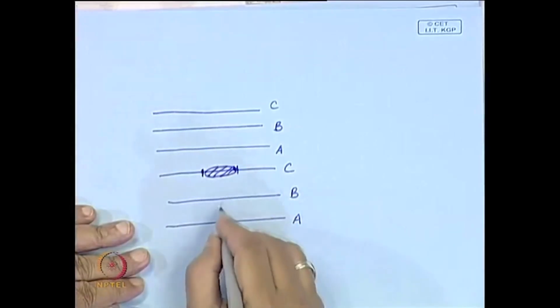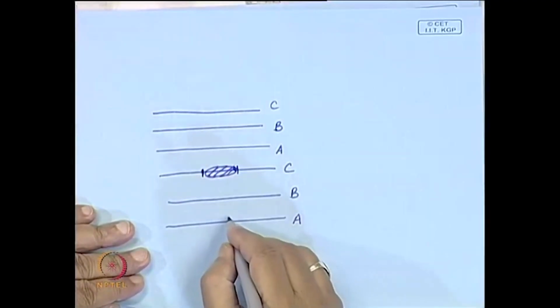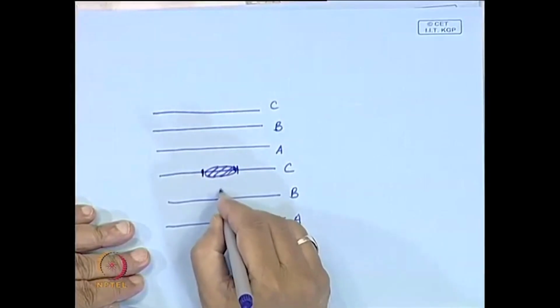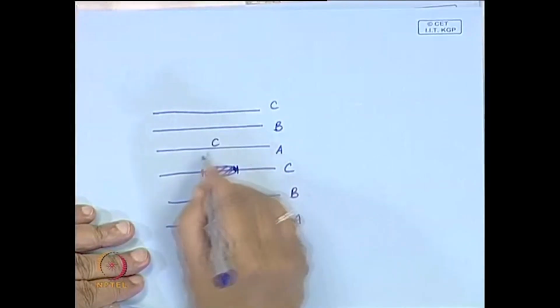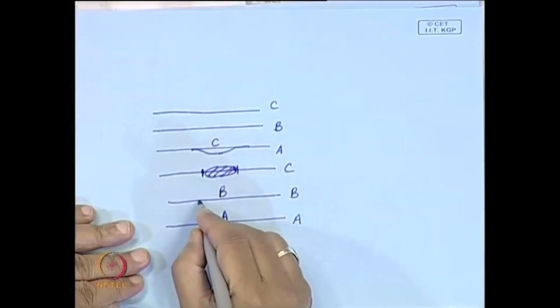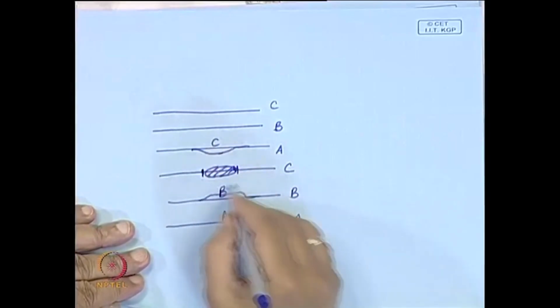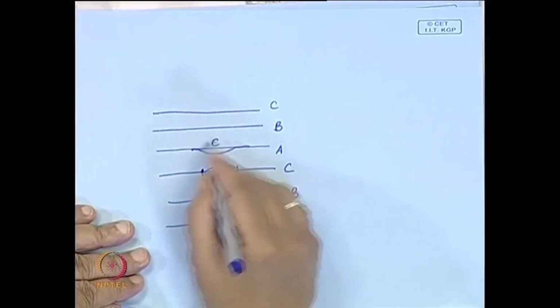So what you have here is a sequence A, B, then you have C, and here this plane will get slightly distorted, and there is a stacking fault in this stacking.